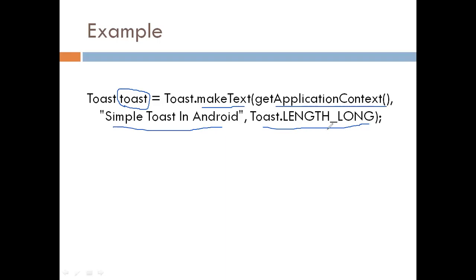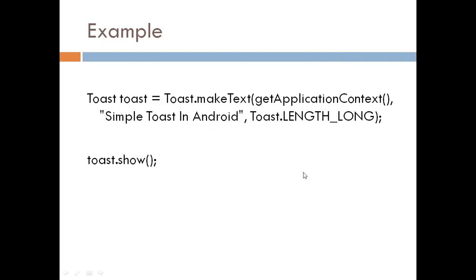It will set the duration of the toast message. Then after, for displaying the toast message, we are using the show method. So our object name is small letter toast, dot, method name show.